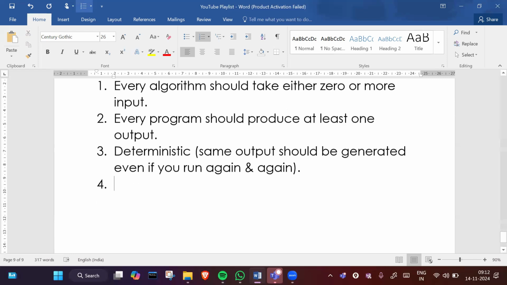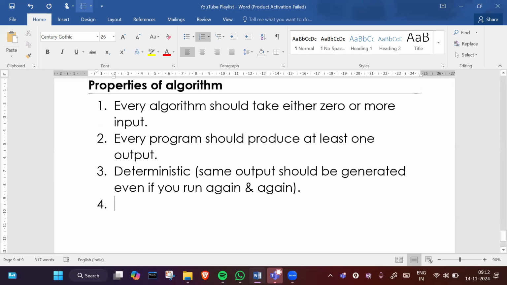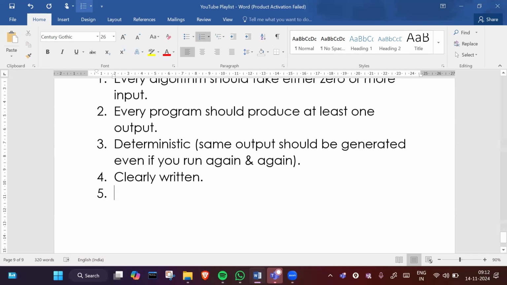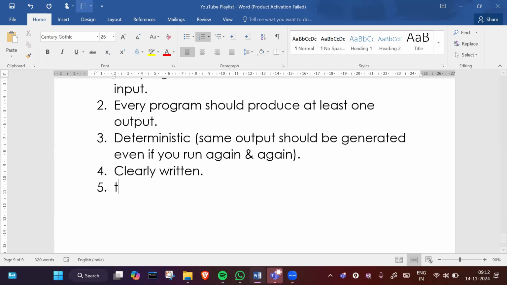What's the next property of an algorithm? The fourth property is clearly written. It should be written clearly so that we can easily understand it and easily convert it into flowchart or implementation. That's why it should be well written.